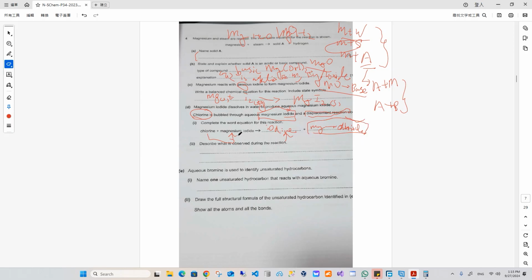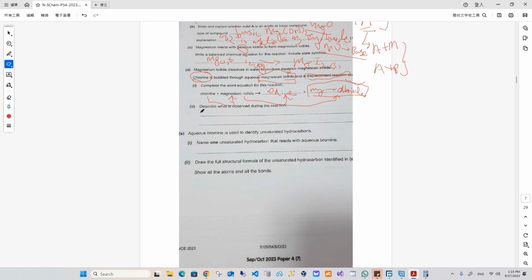So you can see the brown solution turn colorless, and then you can see violet crystals form. That's what you see: violet crystals appear, and the solution turns from brown to colorless.